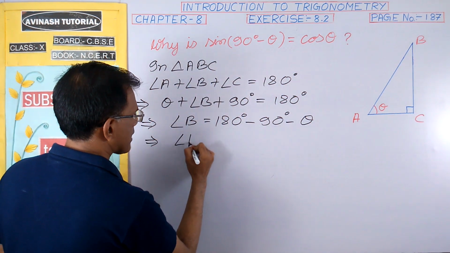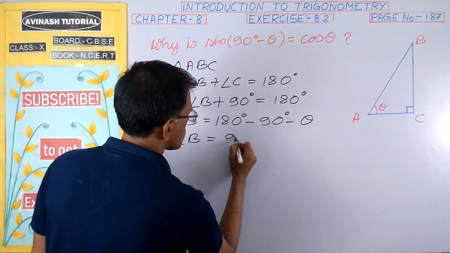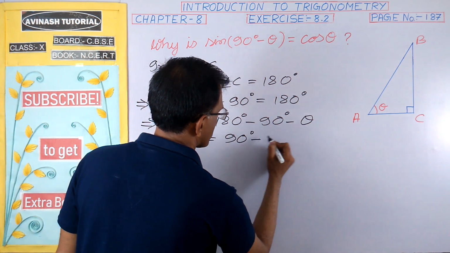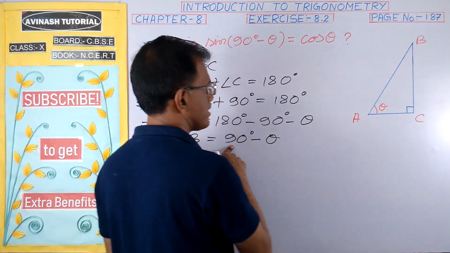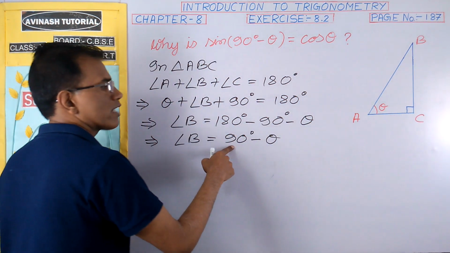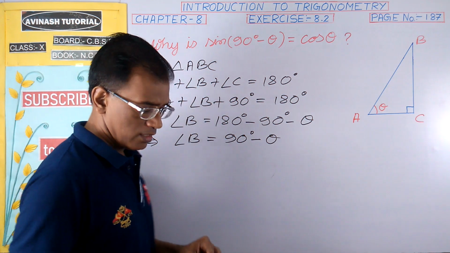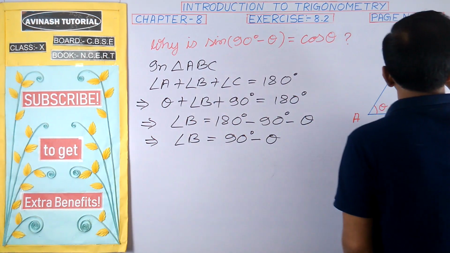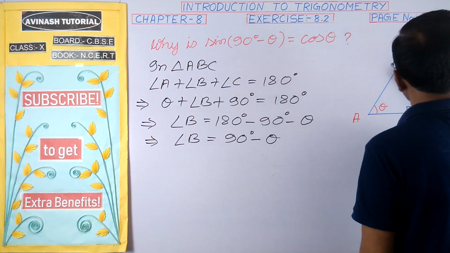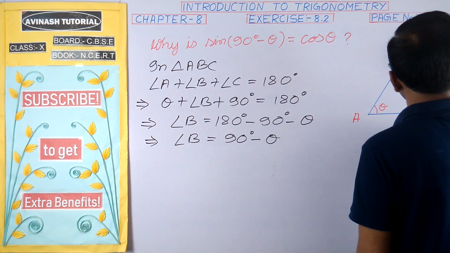This implies that angle B is equal to 90 degrees minus theta. Okay, 180 minus 90 is 90. So we get 90 degrees minus theta. So the value of angle B is 90 degrees minus theta.